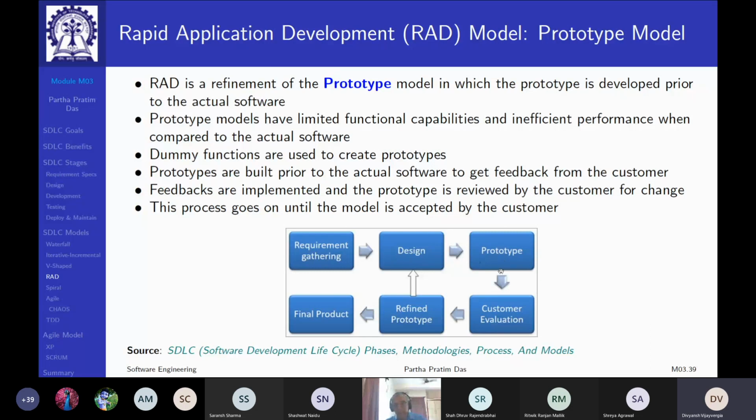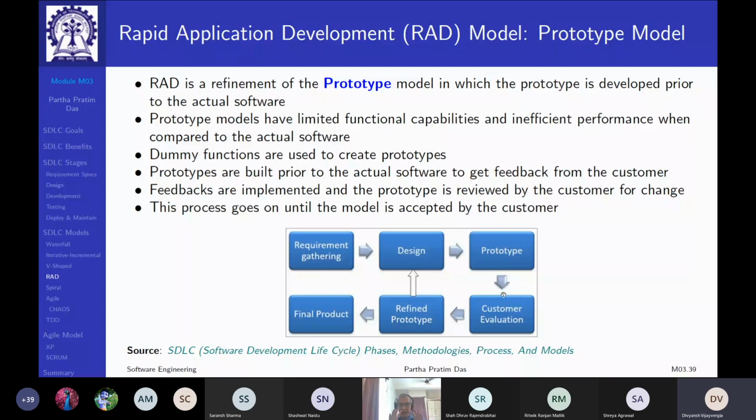And once it is done, you are doing a customer evaluation, a validation. So the customer actually is getting into this loop. The customer is coming in every time. You create a new prototype, you demonstrate and validate with the customer to define a refined prototype. And then you do the design for that and do the prototype.